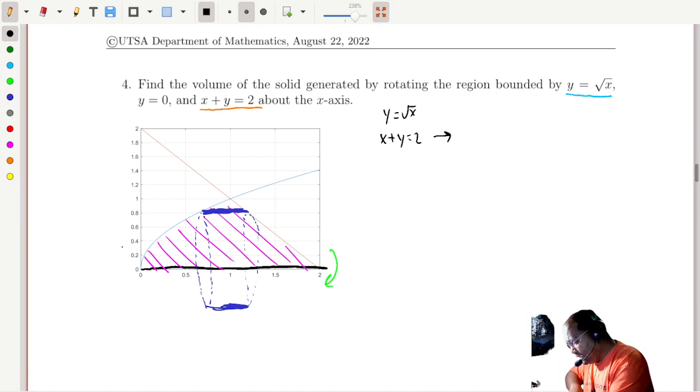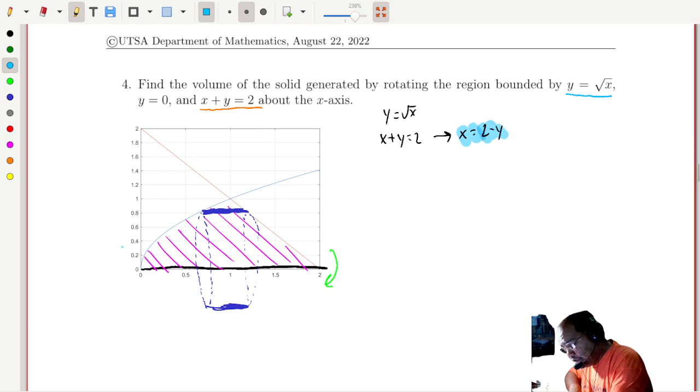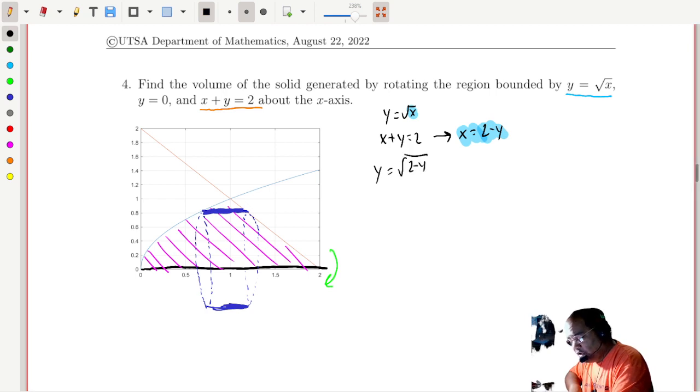Let's write this as x equals 2 minus y, say. Now I can substitute this thing for x in there. Then I have y equals the square root of 2 minus y.